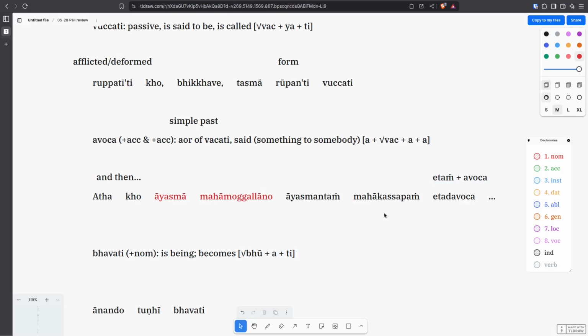So he said to Venerable Mahakassapa. That's right, that's correct. So accusative Mahakassapang. So you see the endings agree. Ayasma Mahamogalano, ayasmantang Mahakassapang. Because saying is someone says something to someone. So avocha takes etang and takes Mahakassapa.